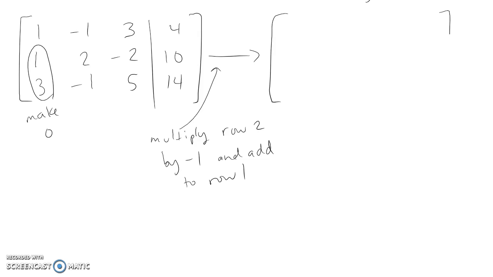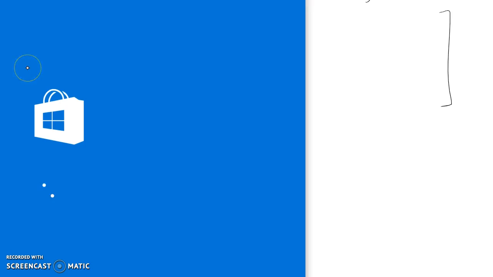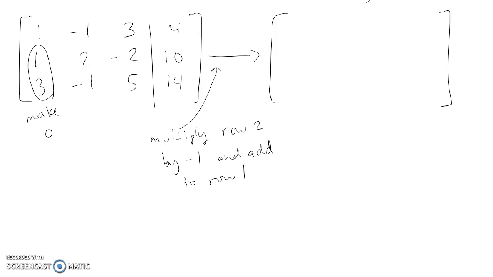Now, when we work with matrices, we actually don't write out the interim steps. We just do it in our heads. So I'm taking row 2 and multiplying by -1. 1 times -1 plus 1 gives me 0.